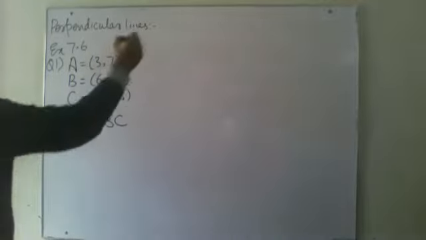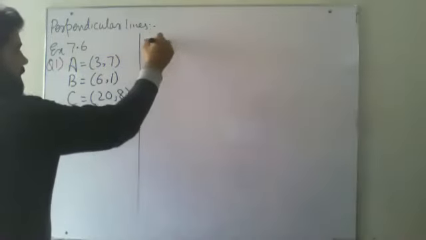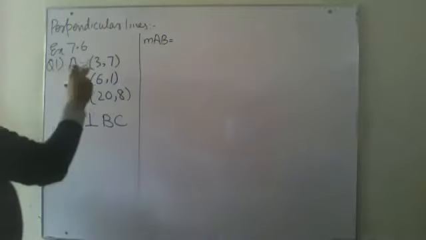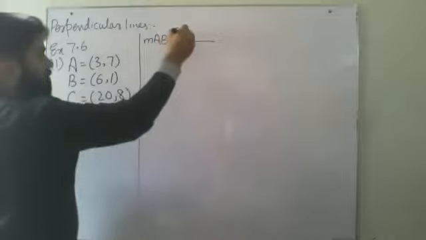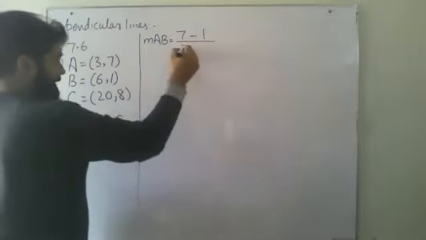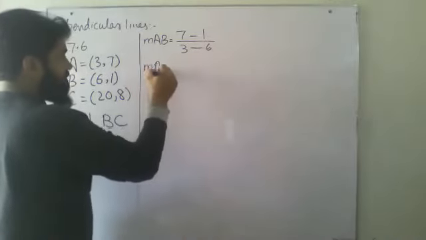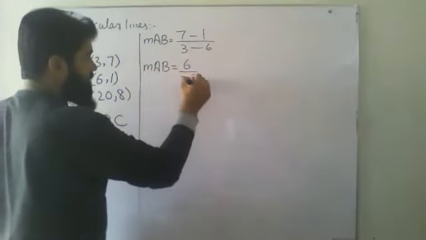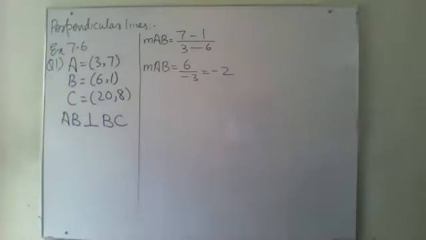So first of all, I'm going to go for the gradient of AB. y2 minus y1 over x2 minus x1, that is minus 6 over 3, which equals minus 2, right?